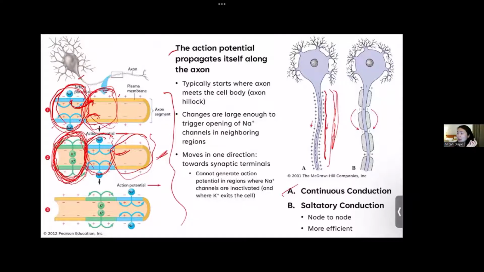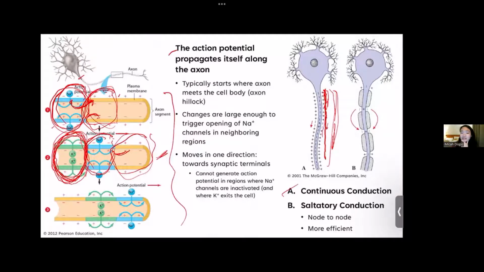Mabagal ito kasi it will pass through this entire surface. It will spark or trigger action potentials in this entire surface. So this is quite slow compared to our saltatory conduction because the depolarization happens everywhere. Okay, it happens along the entire surface of your axon.